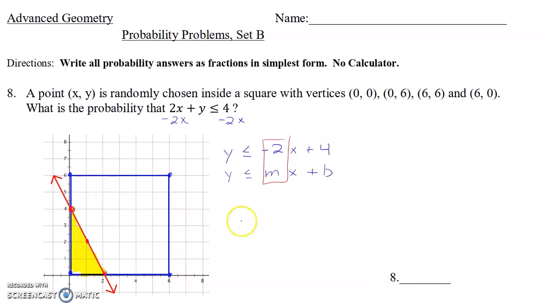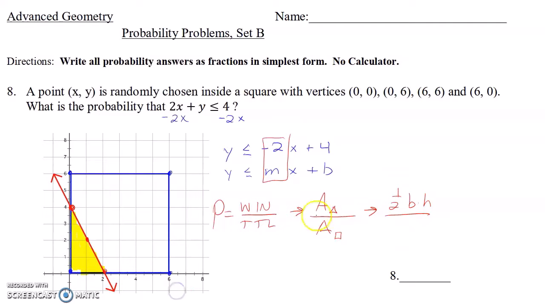So my total, remember probability, is the win divided by the total. So that would be the area of the triangle over the area of the square. The area of the triangle is 1/2 the base times the height. The area of the square is just the side squared.